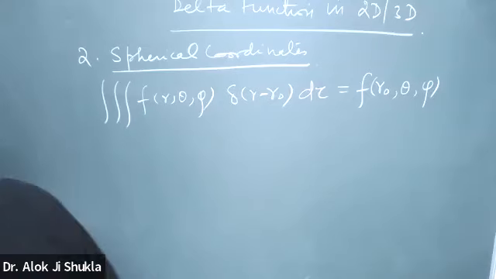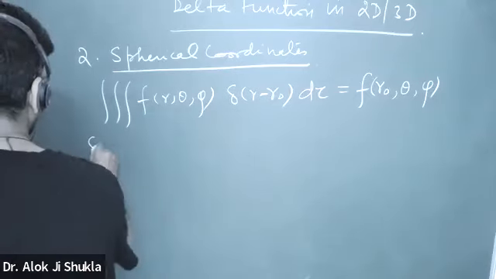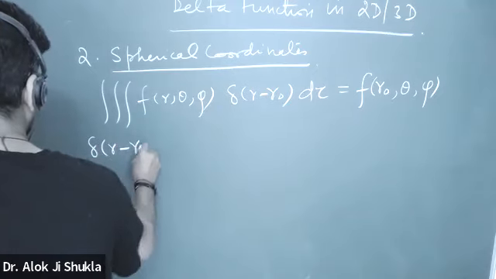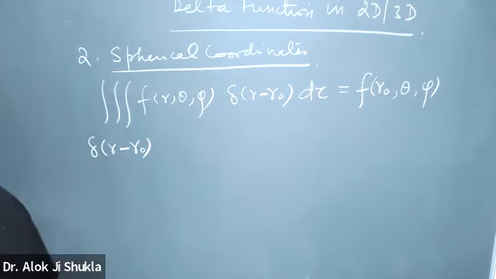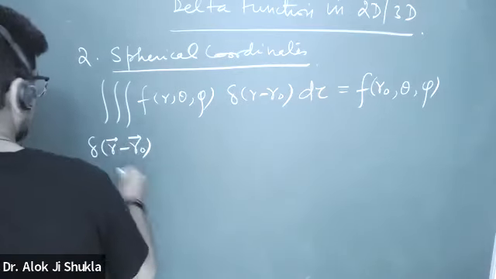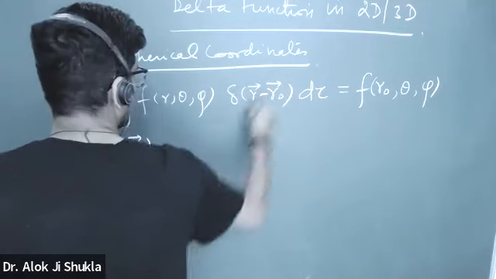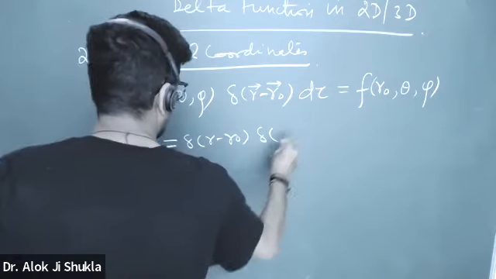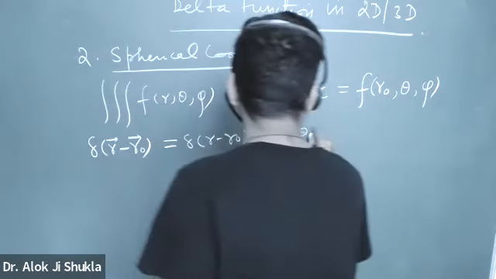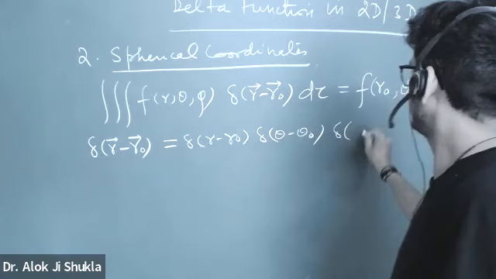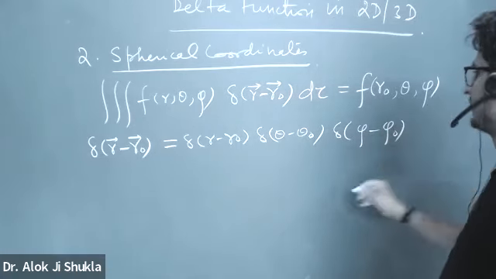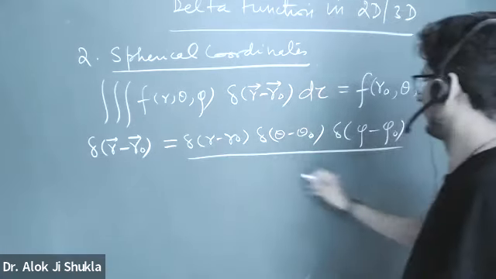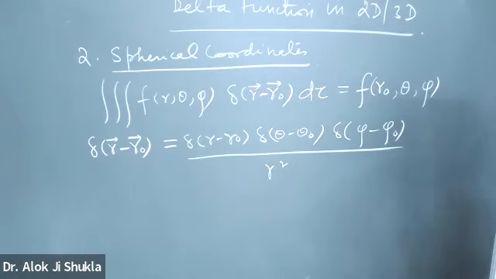So actually this delta r minus r naught, we write like this. We write this as a vector like this, and we write this as delta r minus r naught, delta theta minus theta naught, delta phi minus phi naught, and by r square. And here we will get theta naught, phi naught.